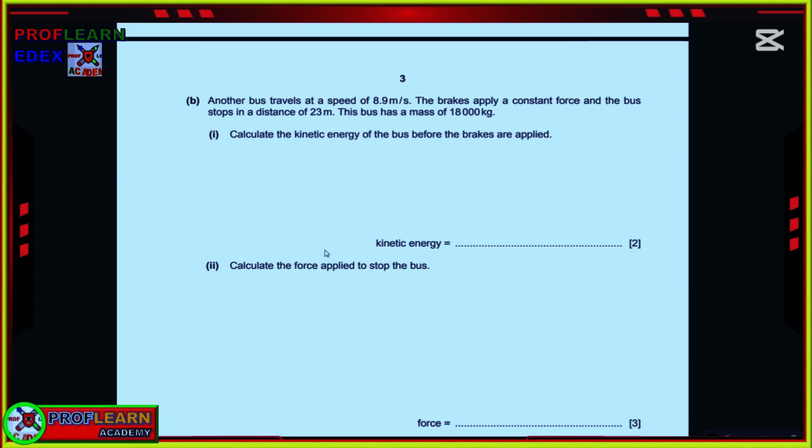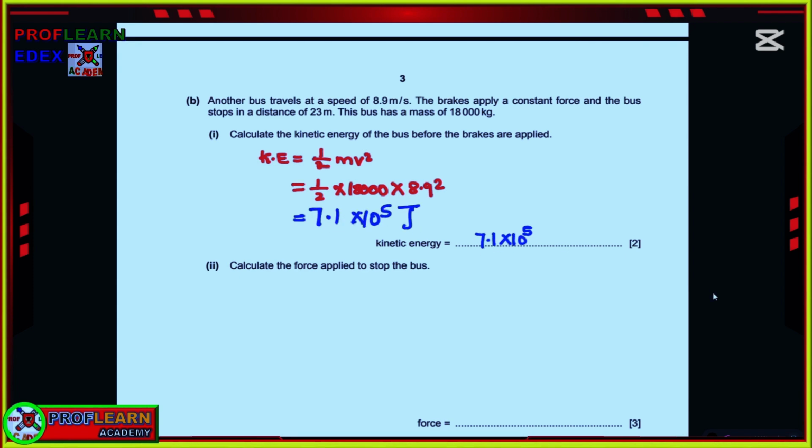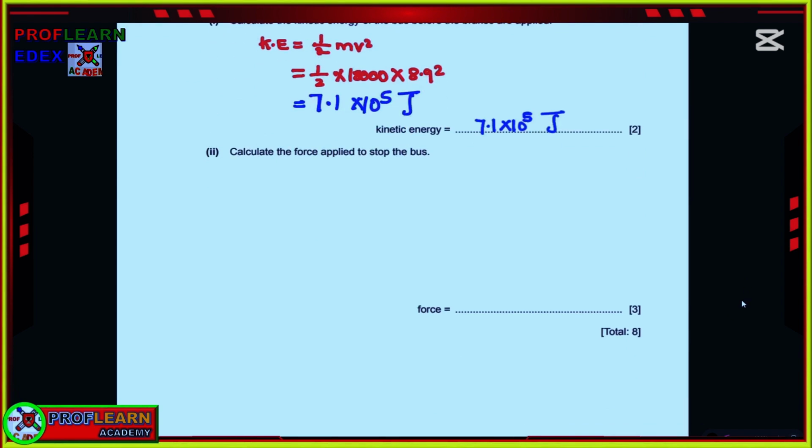Work out the kinetic energy. The first thing you need to realize is that kinetic energy is given by the formula a half times mass times speed squared. If we substitute what we have, we get our answer equivalent to 7.1 times 10 to the power 5 joules. So you need to include the unit so that the examiner can be happy.